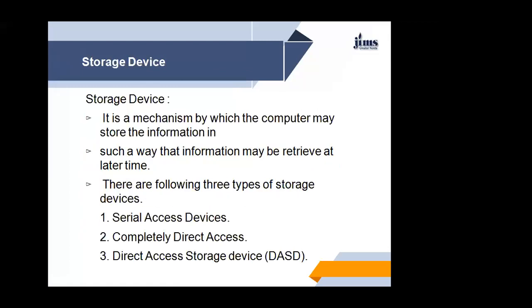Now storage devices. A storage device is a mechanism by which the computer may store information in such a way that it may be retrieved at a later time. We can store the information and later on, when we require it, we will be able to get that information. There are the following three types of storage devices.